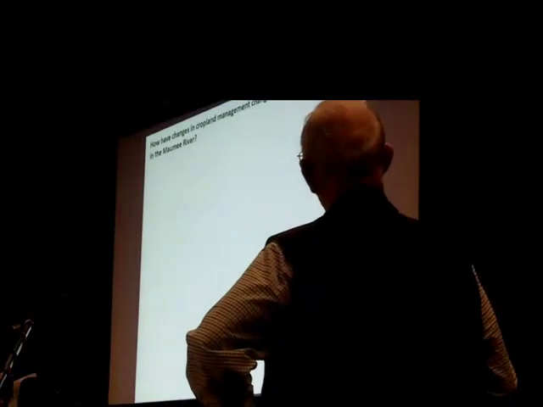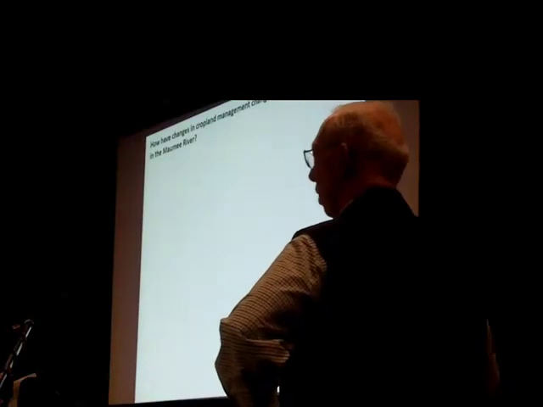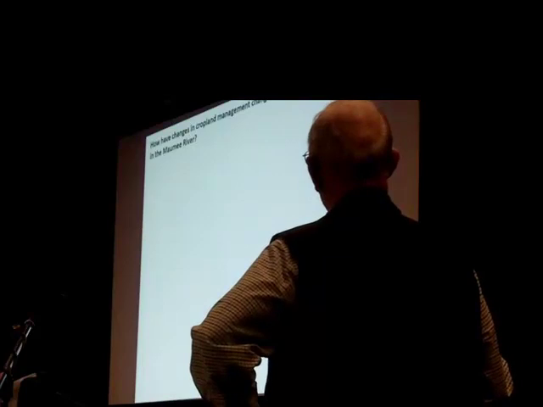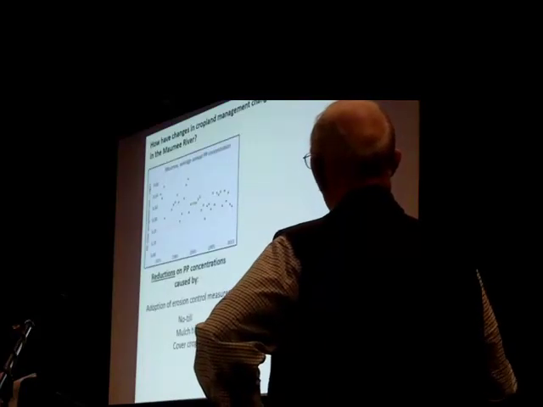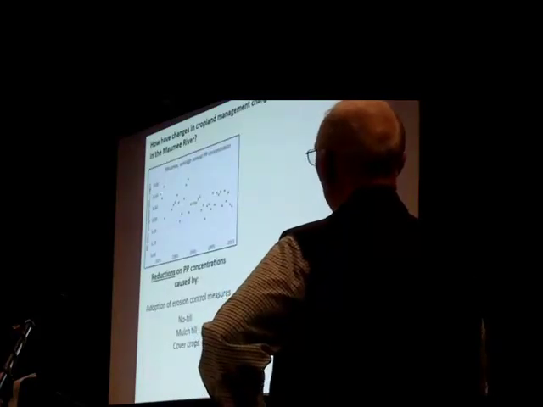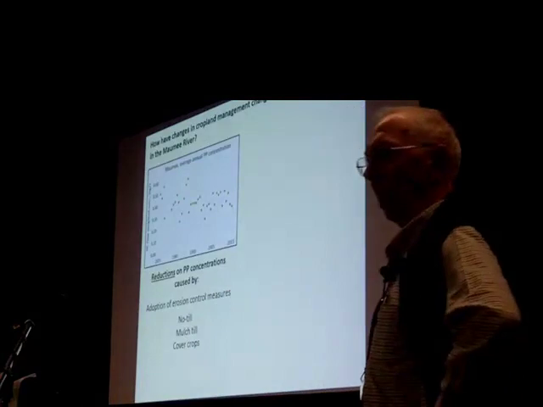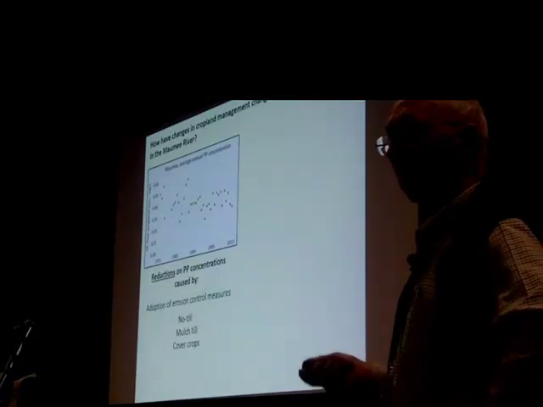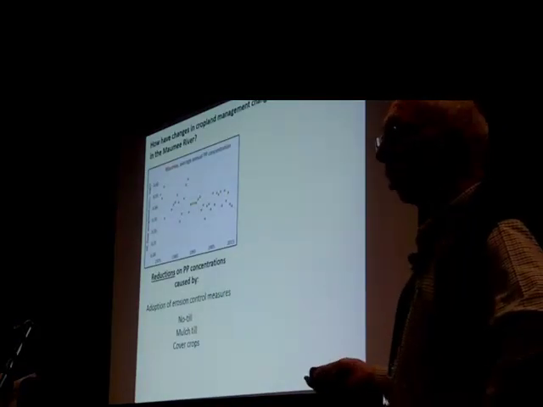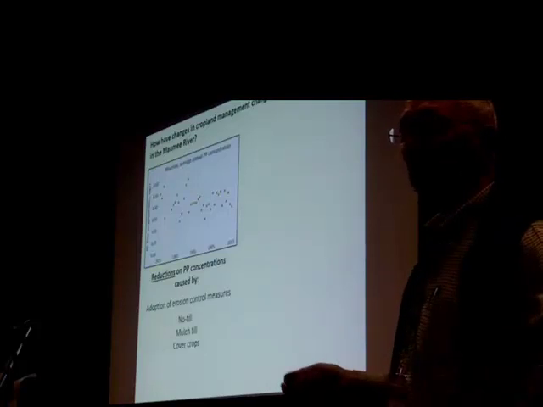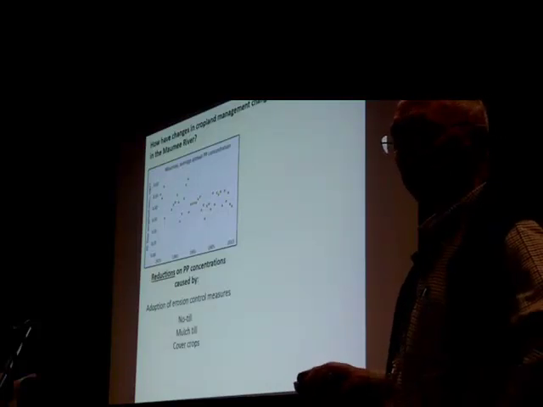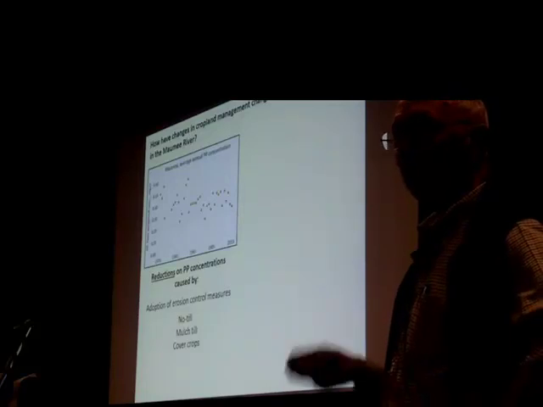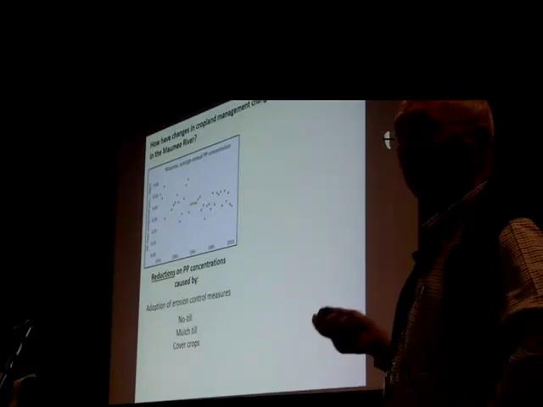Okay, so how have changes in cropland management changed these loads or concentrations? Well, this is a success story, believe it or not. It does reflect the success of the erosion control programs that farmers have implemented on the cropland in northwestern Ohio. We have seen decreases in the concentrations of sediment in these rivers.